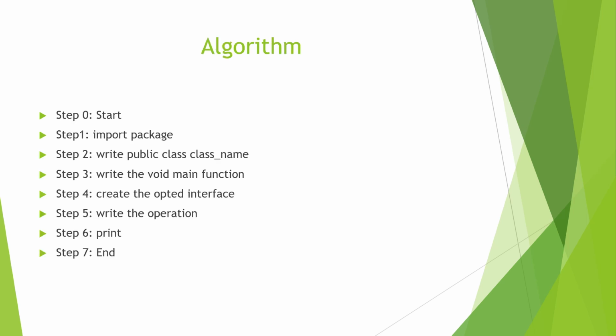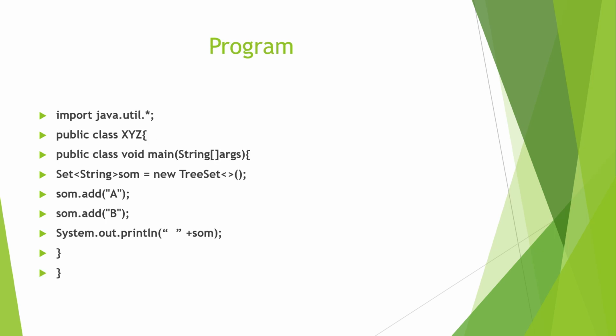So this is the algorithm where first we have to write the package, then the public class name, then the void main function. After that we will create the interface, and then we will write the basic operation, then print, and then the end of the program. So this is the program where we are importing the packages first.